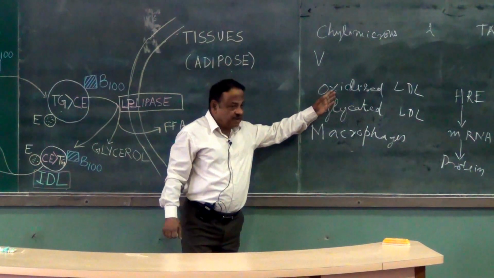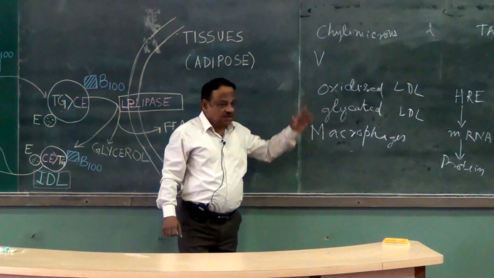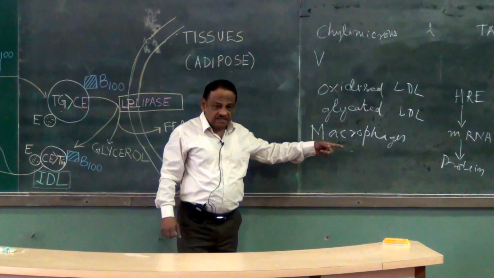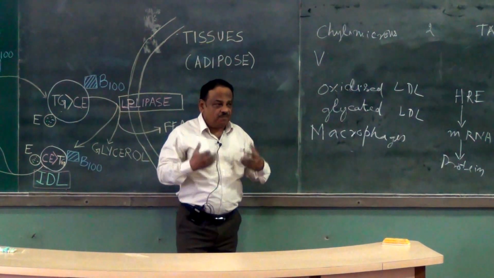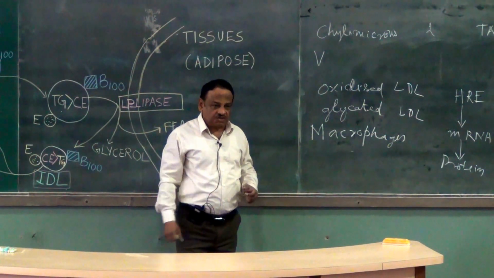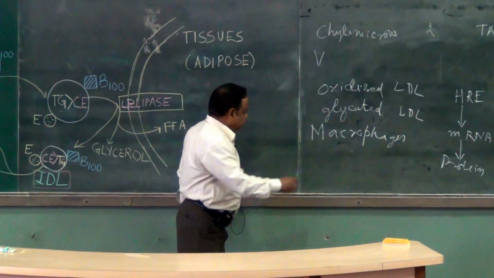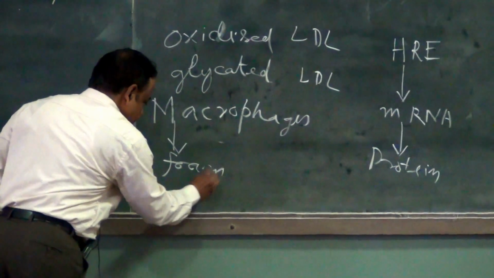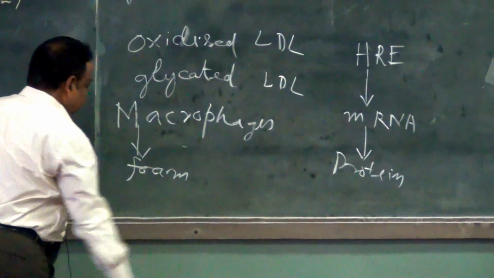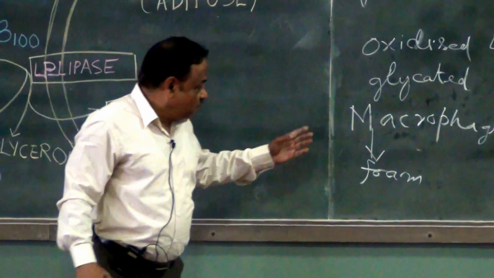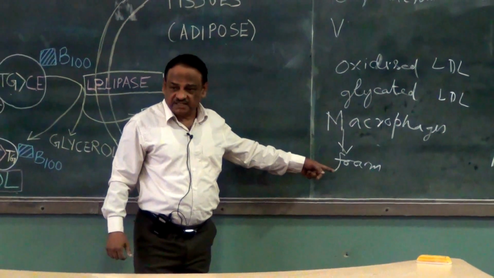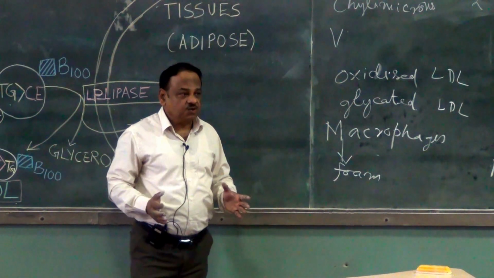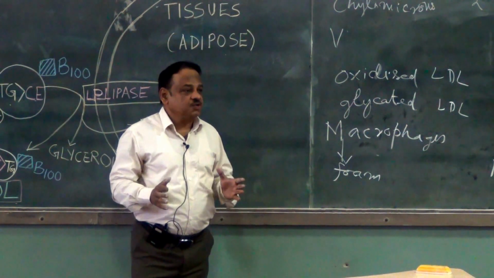But once it becomes oxidized or glycated, the macrophages take up more and more LDL cholesterol, and after absorbing more and more cholesterol, will become foam cells. Foam cells, what do they contain? They contain large amounts of cholesterol.